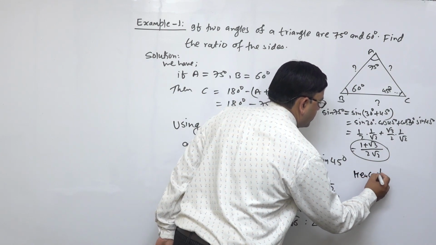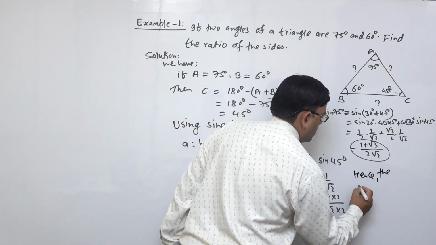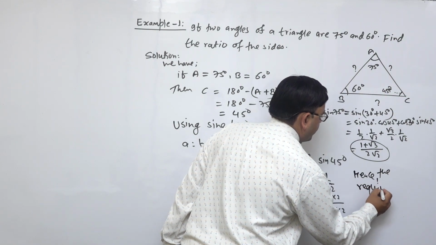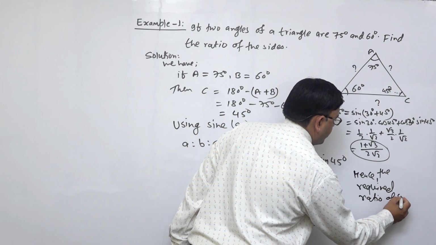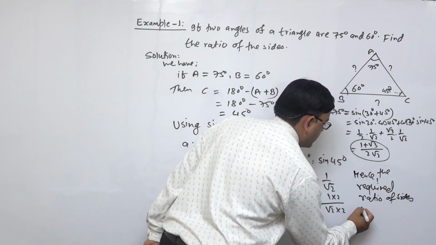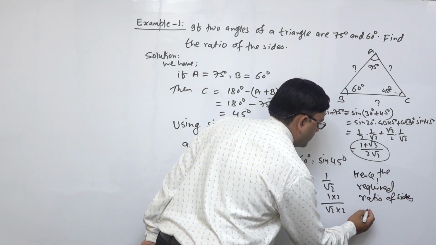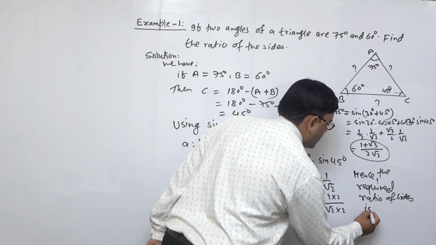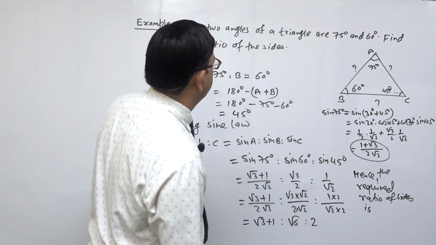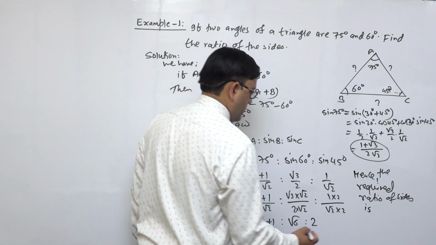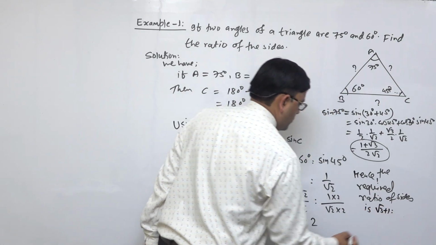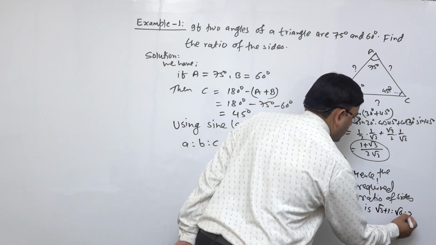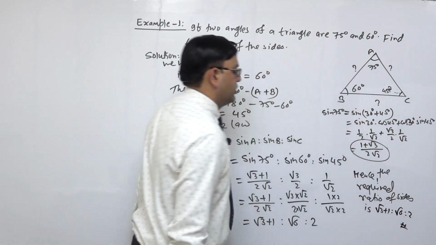Hence the required ratio of sides is root 3 plus 1 is to root 6 is to 2, which is the required answer of this question.